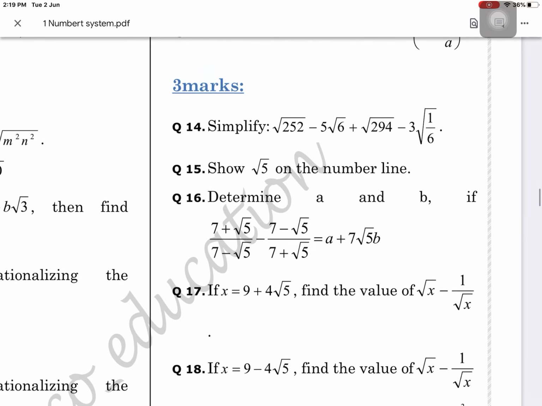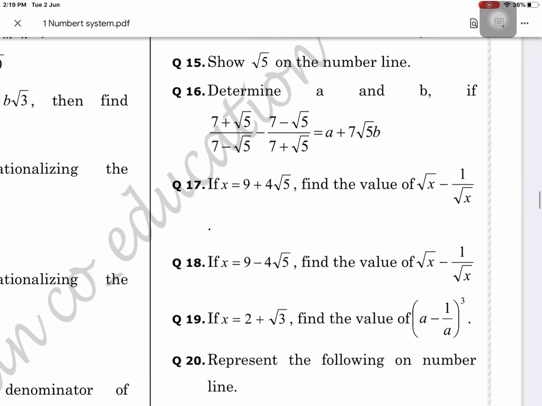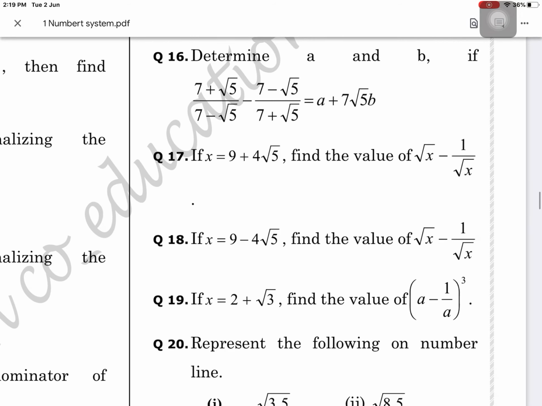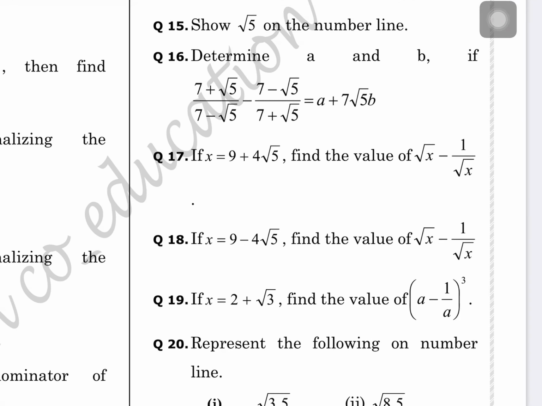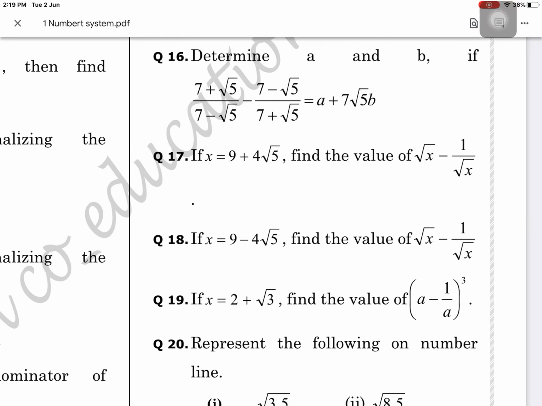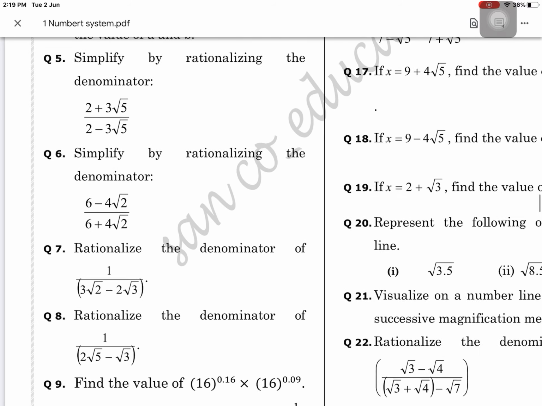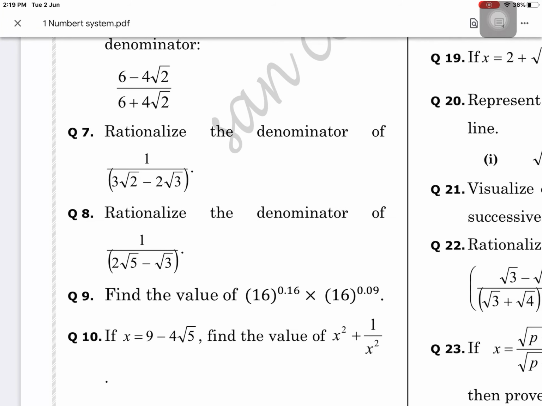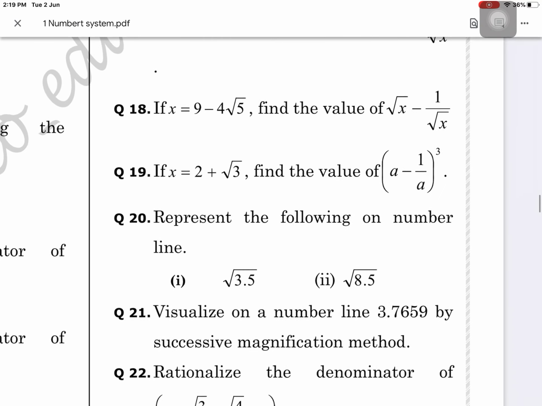I am telling one more question of this kind. x is given as 9 plus 4 root 5, and you are to find root x minus 1 by root x. This is the same as I told you. There you were given x and had to find x plus 1 by x, but here the situation is different.